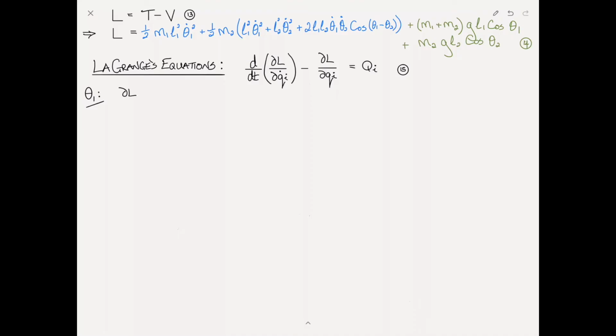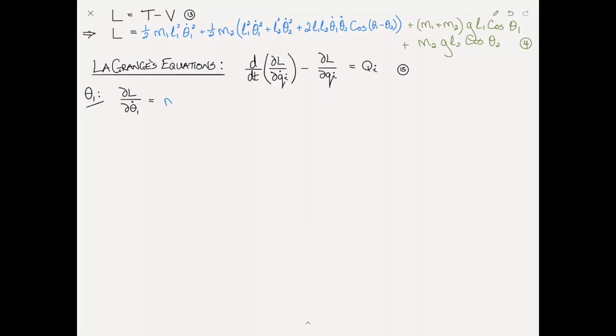And so let me do this in pieces. So dL by d theta 1 dot is equal to, and I'm going to try to preserve the colors here, just the part of the Lagrangian that explicitly depends on theta 1 dot. It's that, and it's that.